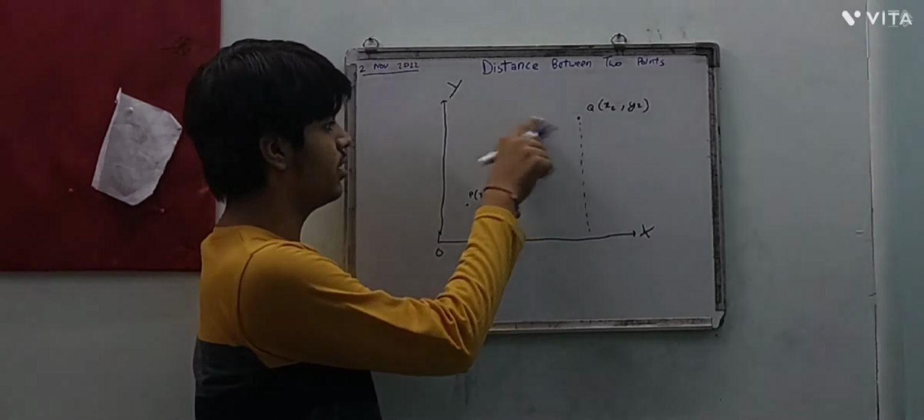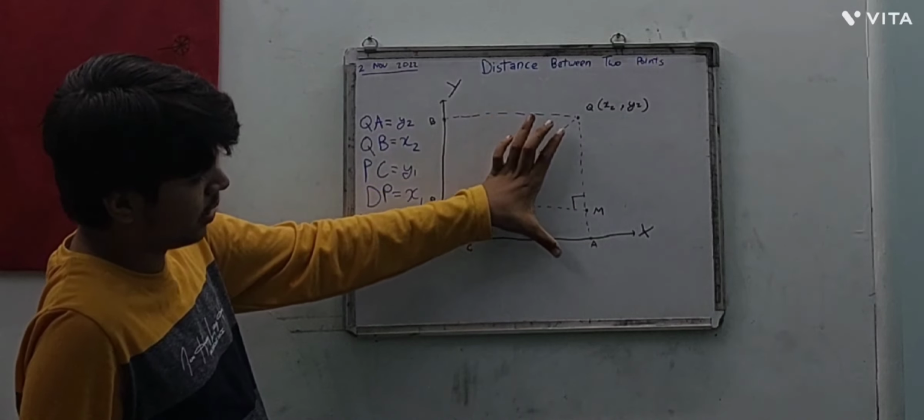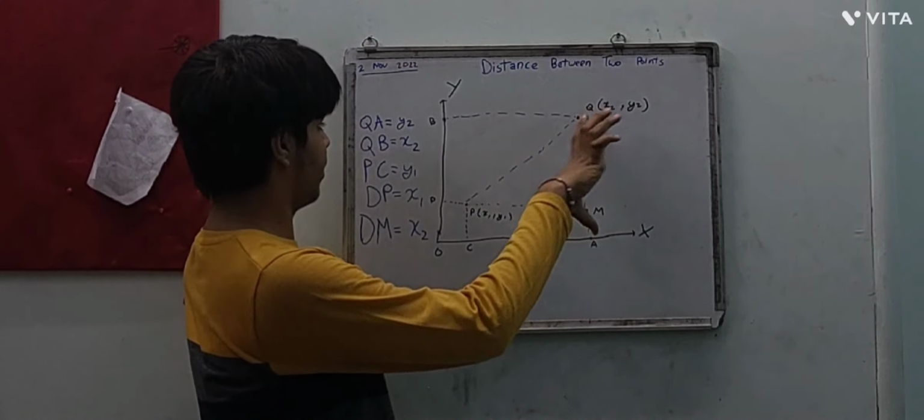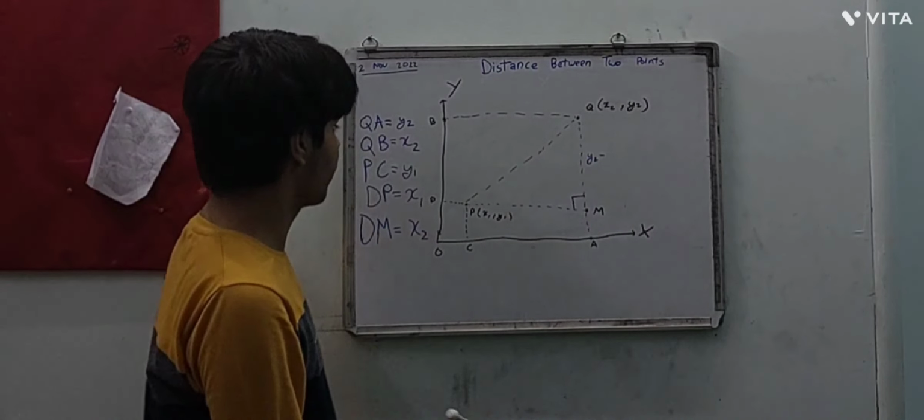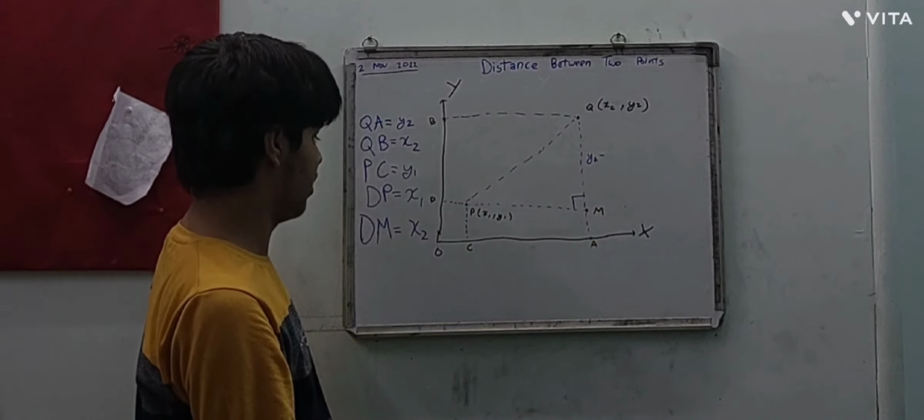But before calculating the length of PQ, we need to find the lengths of QM and PM. So what is the length of QM? We can see from the figure that QM is the same as subtracting MA from QA. QA is equal to y2, but we don't know the length of MA.